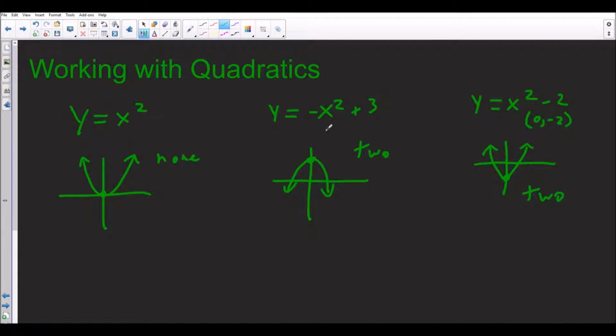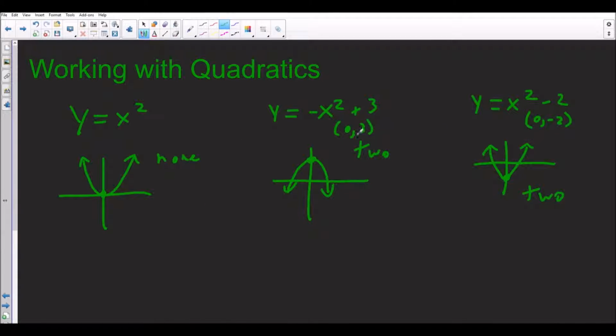Same thing here, I just looked and saw, okay, there's no Q, there's no P, so it's going to be 0, 3 as the vertex. A is negative, so it's going to be opening downward, so then we're going to have 2. And if the vertex is just at 0, 0, you don't have any x-intercepts. And that's just kind of how you do it.